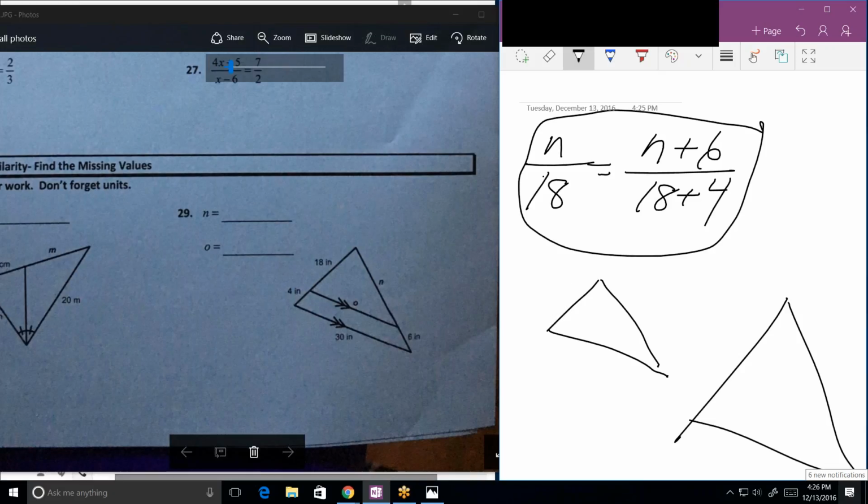And that one is 18, n and O, and this one is 22, n plus 6 and 30. And I know for sure that when I have similar triangles, n is to n plus 6 as 18 is to 22. And I can solve that. You're right. It does produce a more complicated expression. It's still going to produce the same answer. But I'm more comfortable doing it because I know I'm comparing similar triangles. I'm not comparing a triangle to a trapezoid.